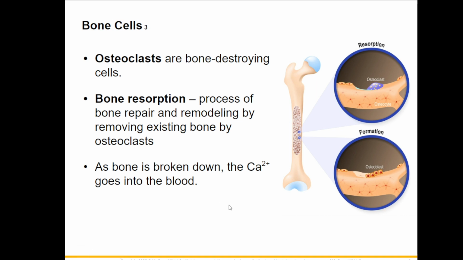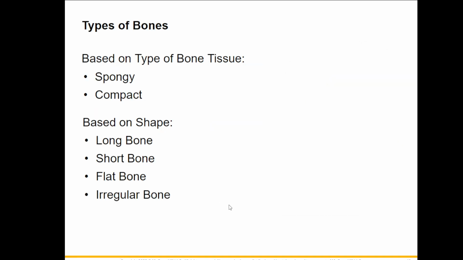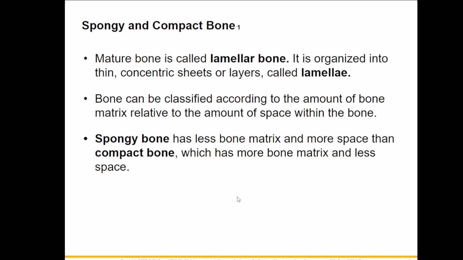Now, bones in general can be classified according to the type of bone tissue and according to their shape. So, when it comes to bone tissue, there are two types, your spongy bone and your compact bone. And when it comes to bone shape, you have the long bones, the short bones, the flat bones, and irregular bones. So let's first zero in on the type of bones according to bone tissue.